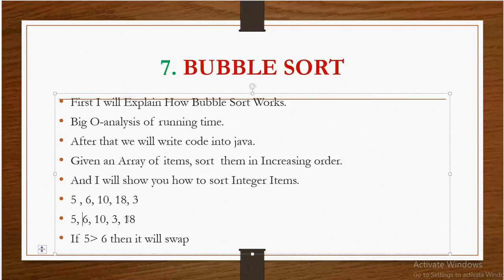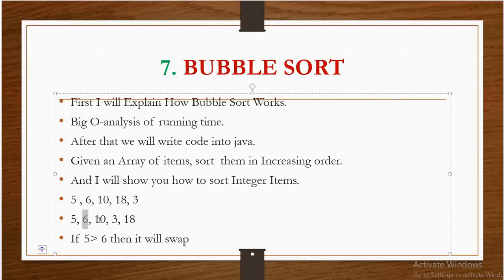When the first iteration completes up to the last step, we no longer need to check this again, because bubble sort sets the biggest integer in the rightmost part, and it is the biggest integer value in our array. After that, next we will again start the loop from here, 5, up to only 3. No need to check the last integer value. So again it will check if 5 is greater than 6, then it will swap, otherwise it will check the next two elements 6 and 10.